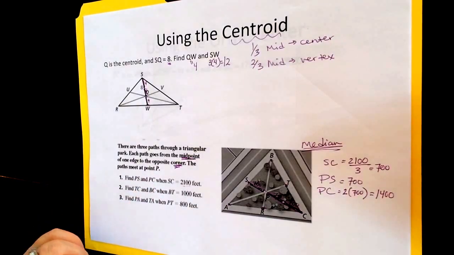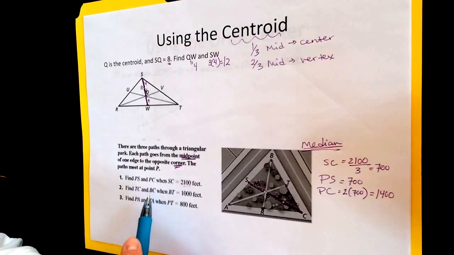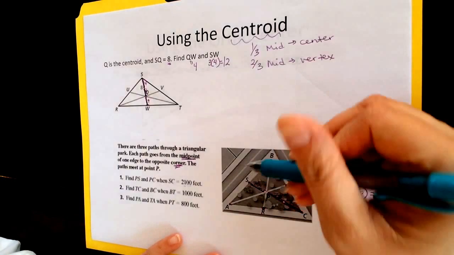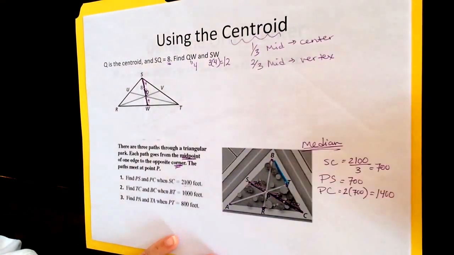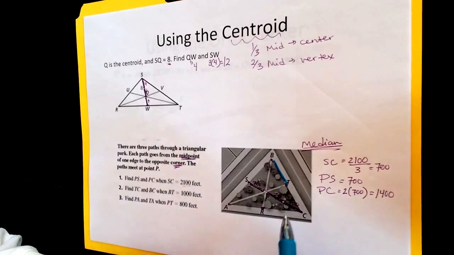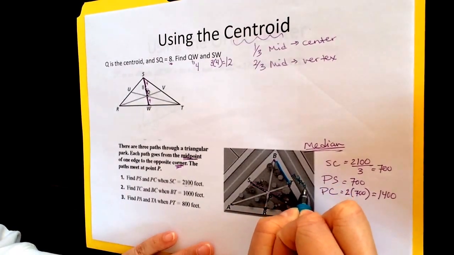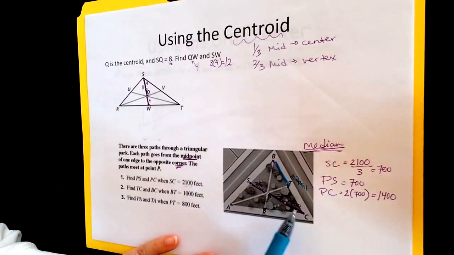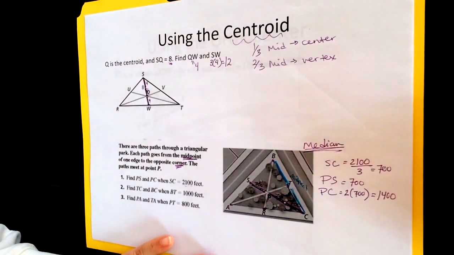All right, now this one's a little bit tricky. They're talking about TC, BC. They tell me that from B to T is 1,000 feet. Look at your figure. B to T, this is not using our 1/3, 2/3 piece. This is using the fact that T is my midpoint. And if T is my midpoint, what's true about these two pieces here that I've highlighted in blue?